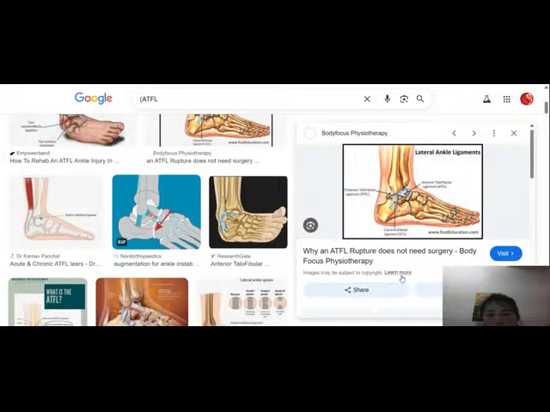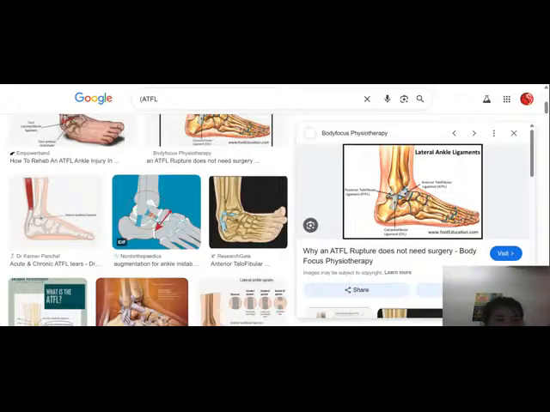Maybe this one. Yes, as you can see on the screen, the lateral ankle ligaments. This is the anterior talofibular ligament, ATFL.